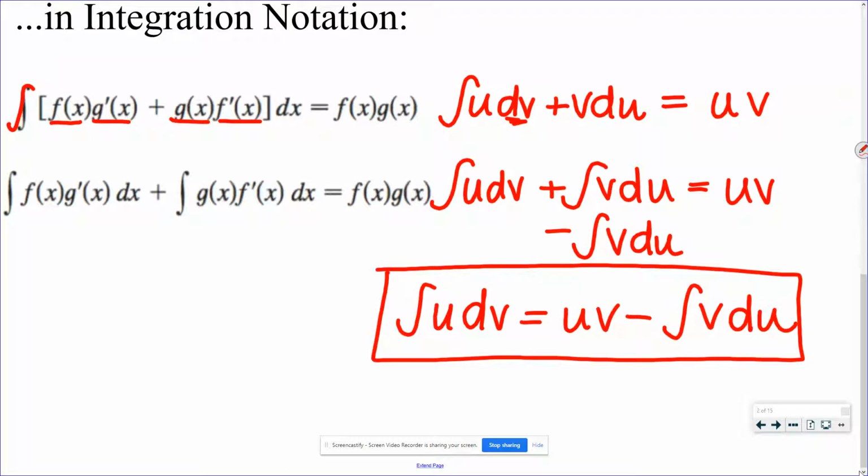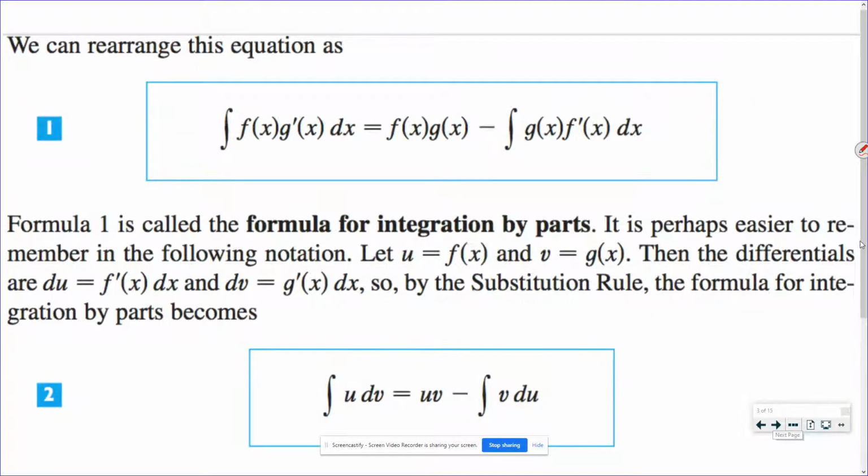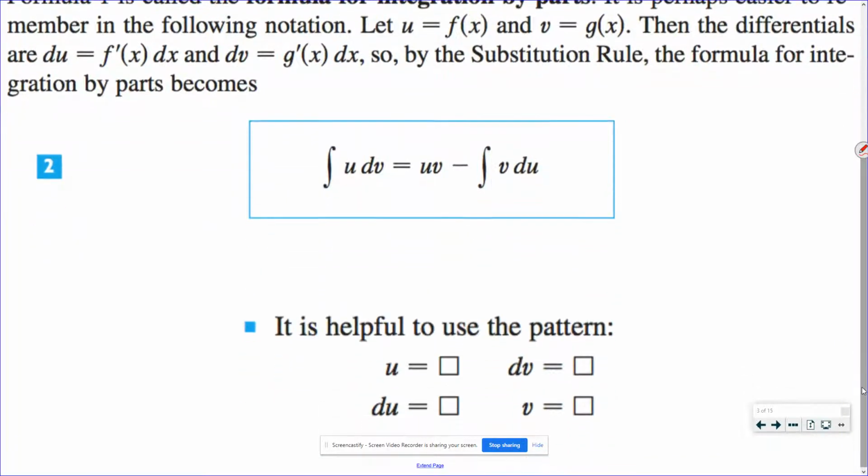And so the way that we will use this is we will start with this left side here that's called the integral of u dv, okay? So what you're going to be looking for are two things being multiplied together. One is going to appear to be something that's easy to derive, and something else is going to be easy to anti-derive.